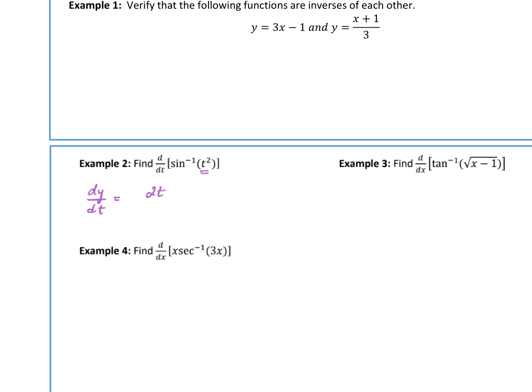So we take the derivative of the inner piece, okay? And then it's going to be over, and again, this is just really memorizing the formula. So it's square root of 1 minus x squared. In this case, it's going to be 1 minus t squared and then squared. So we're going to get 2t, and then it's going to be over 1 minus t to the 4th power.